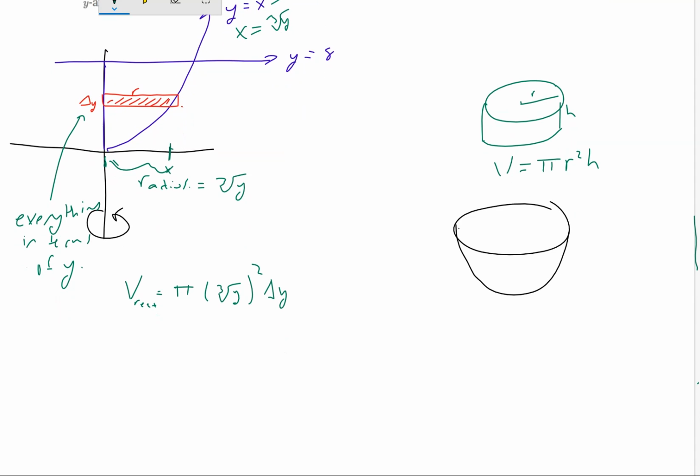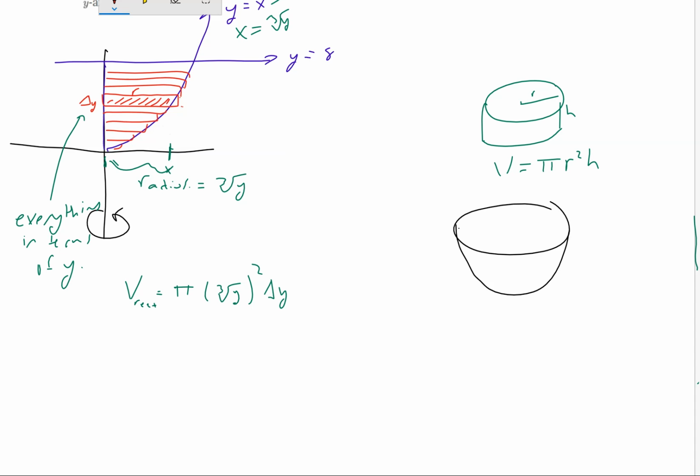Now that's just the one little rectangle, right? What we have to do is that for all of the rectangles in here. And what does that look like? That's an integral, because an integral is an infinite sum.